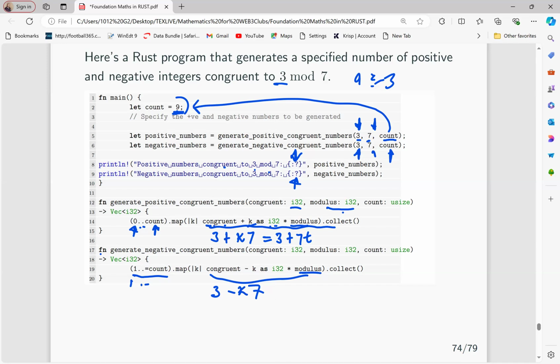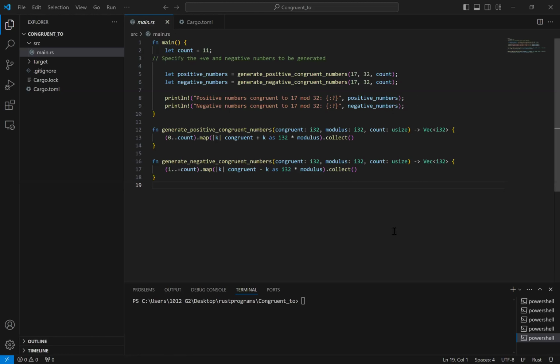Now let me just see if we can open it and try to run. Can you see it?